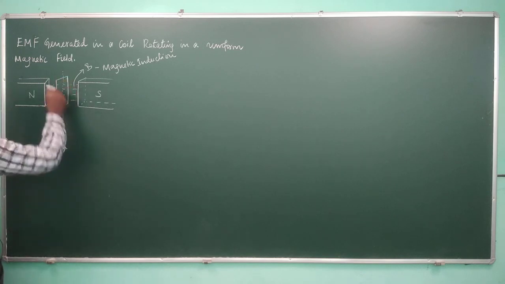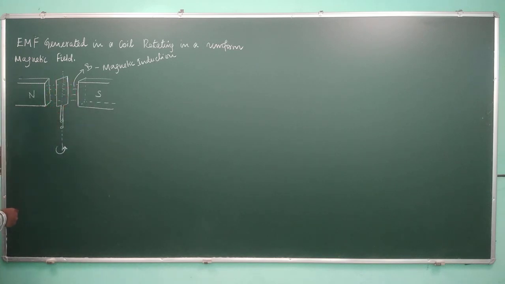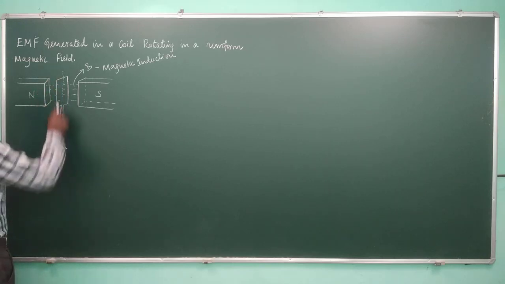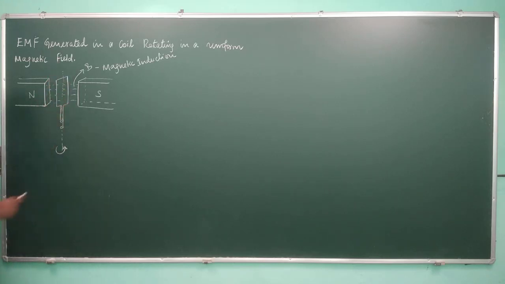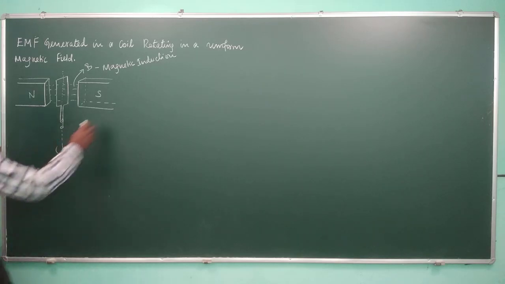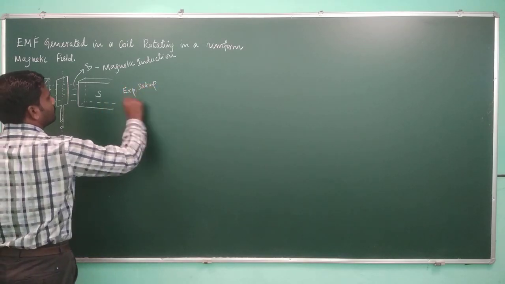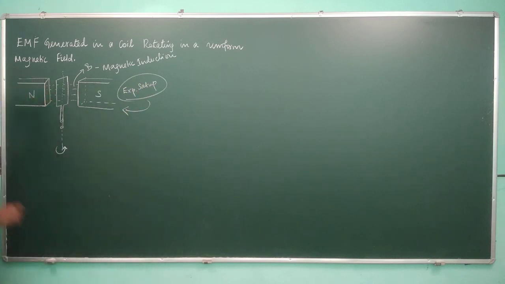The arrangements are made in such a way that the coil can rotate about an axis perpendicular to the direction of the magnetic field. Fine. So this is the experimental setup that we are considering.